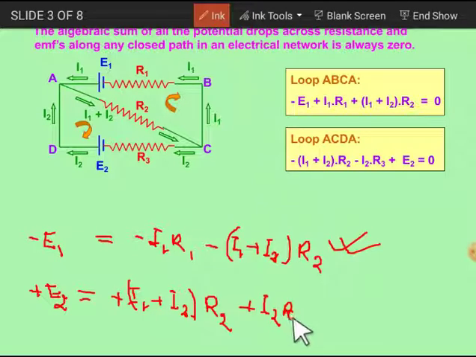Now again, this is the same as what was given in the second equation for the second loop, ACDA. If you transfer this to the left hand side, then you will get this one. So this one is very easy to remember. Got it? Yes.